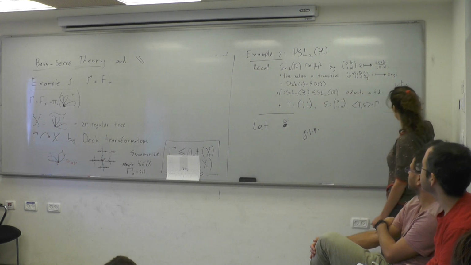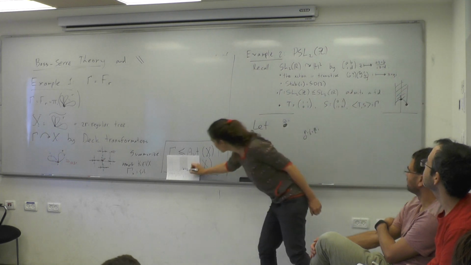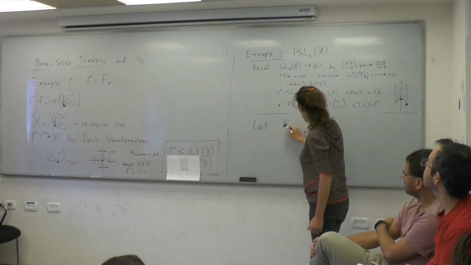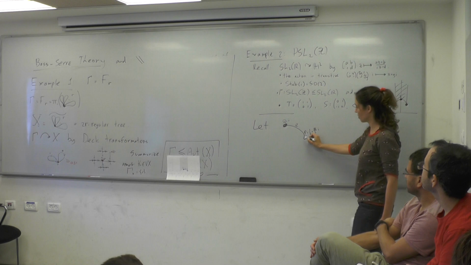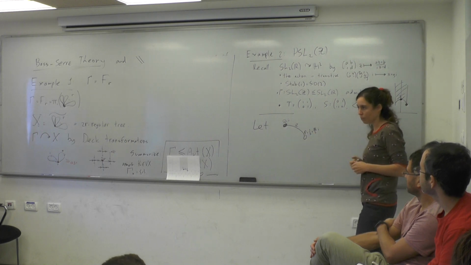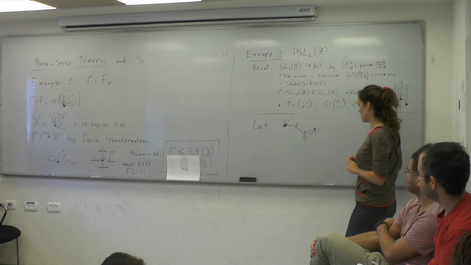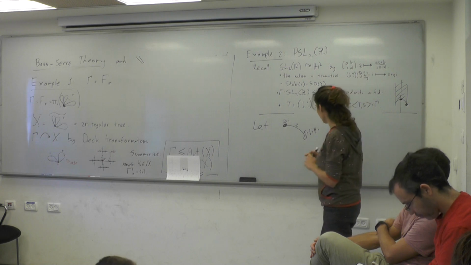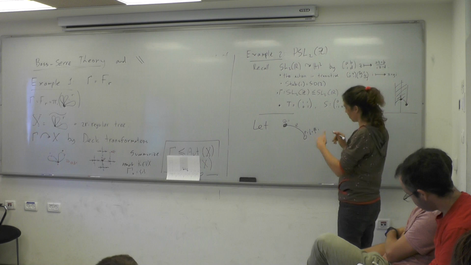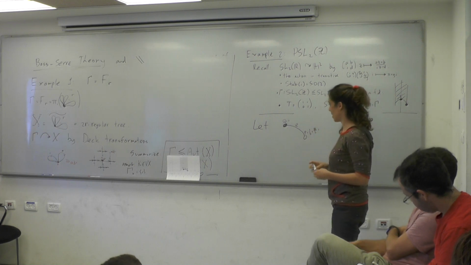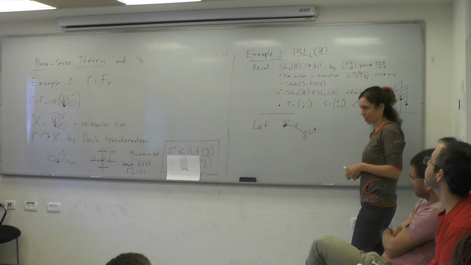So it's this point here. And the edge between them I call E. So the edge, I mean the boundary of the fundamental domain, I call it E. Okay, so this is my edge, and this will be kind of the fundamental domain of the tree under the action of SL2Z.